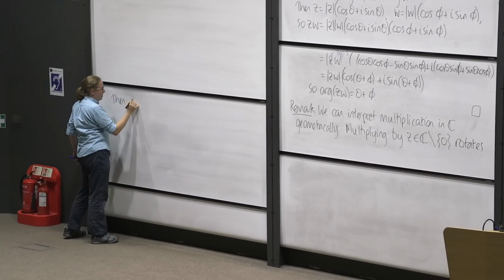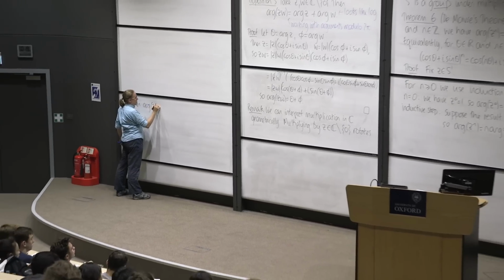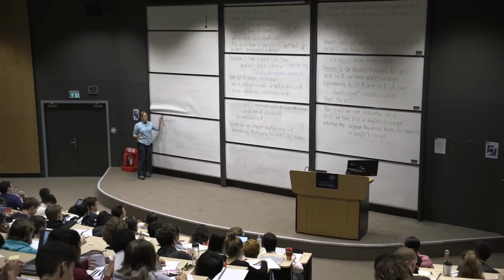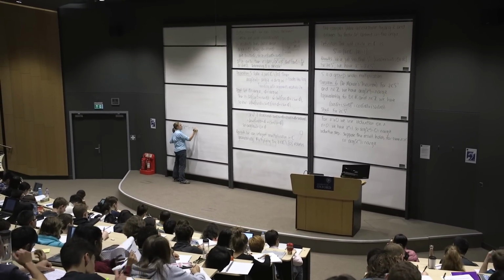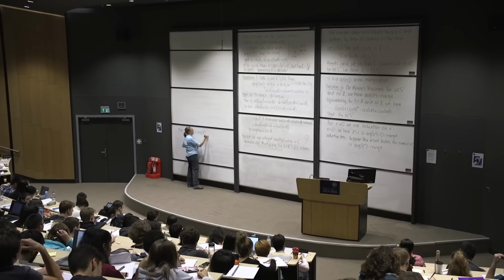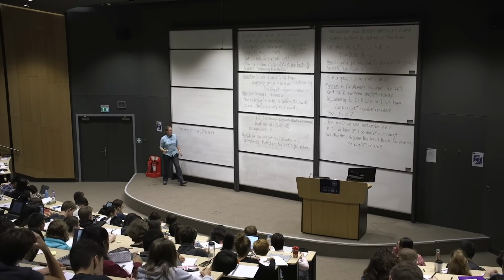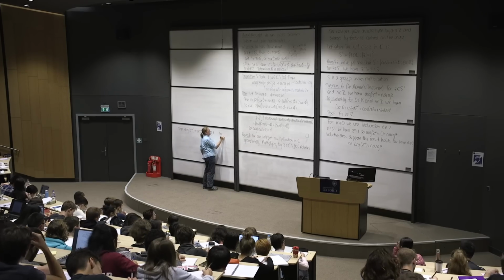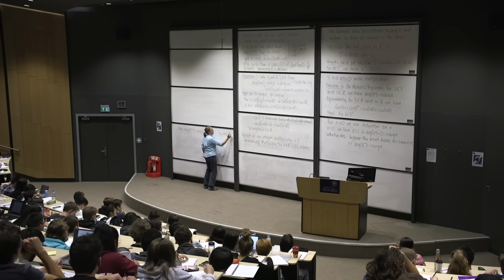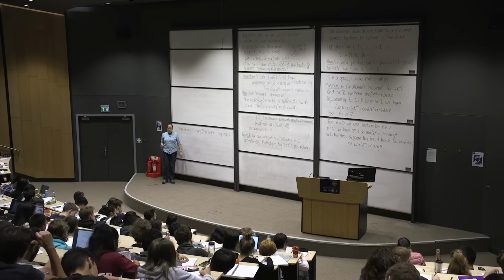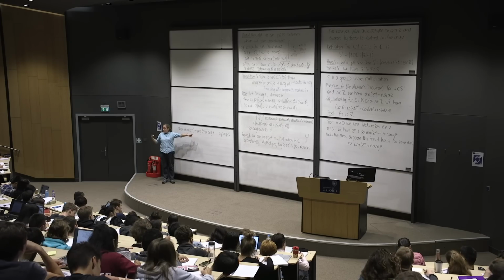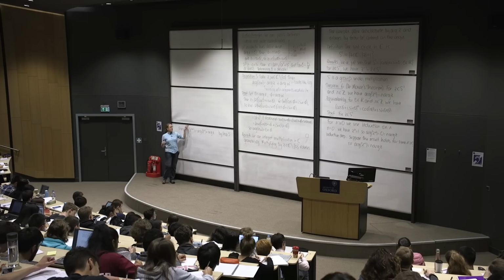So then the argument of z to the n plus 1, I want to relate to the argument of z, but I can do that using proposition 5, which tells us that that's the argument of z to the n plus the argument of z. So I'll write down that's by proposition 5. And then we know about the argument of z to the n because that was our induction hypothesis.